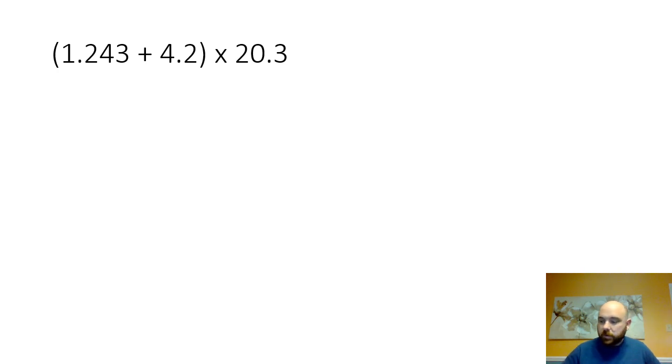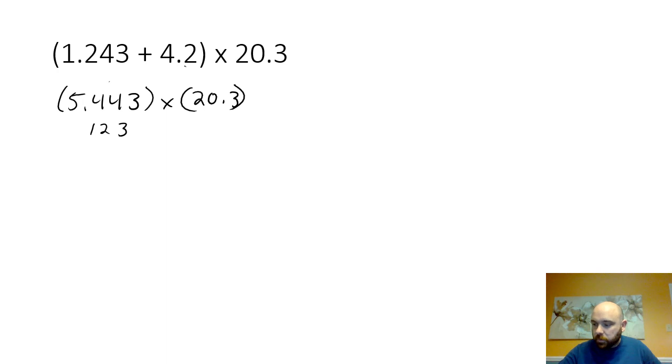So I'm going to rewrite this 5.443 times 20.3. But we need to round this off to one decimal place. So these decimal places here, 1, 2, and 3, need to be rounded to one decimal place.